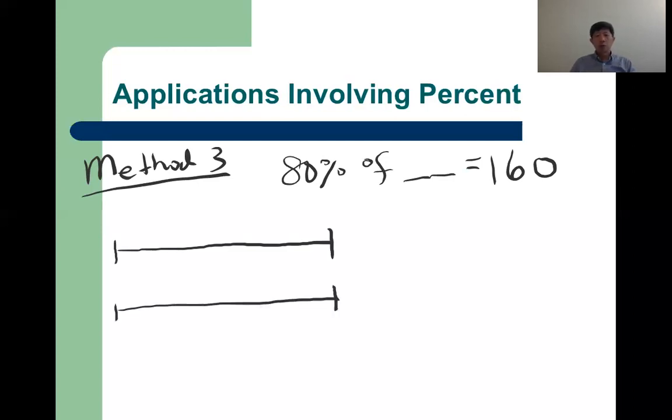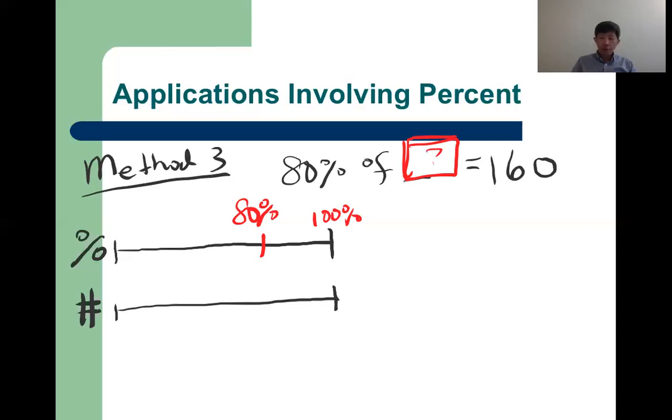All right, show the segment like this. Whatever percent we put in here, whatever number we put here, right? So 80%, and here is 100%. 80% is right here. Now the whole, X, is right here, right?